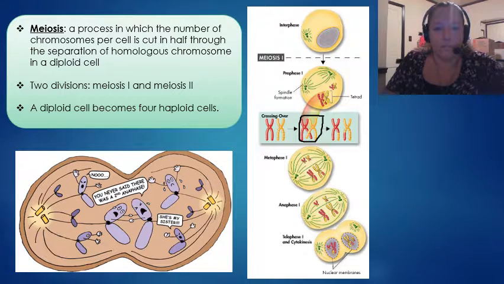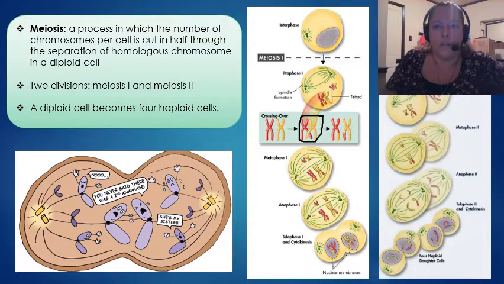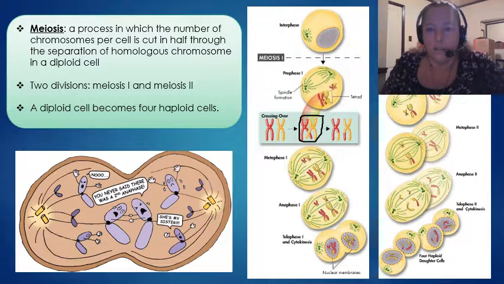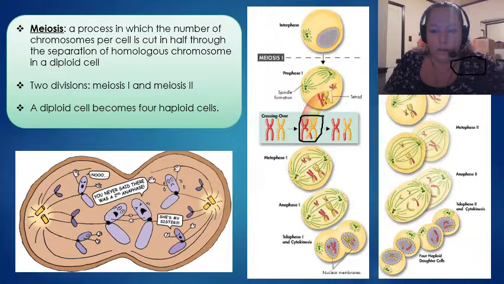Then here would be your 2 cells with the replicated chromosomes going through meiosis a second time, where at the completion you have 4 haploid daughter cells.